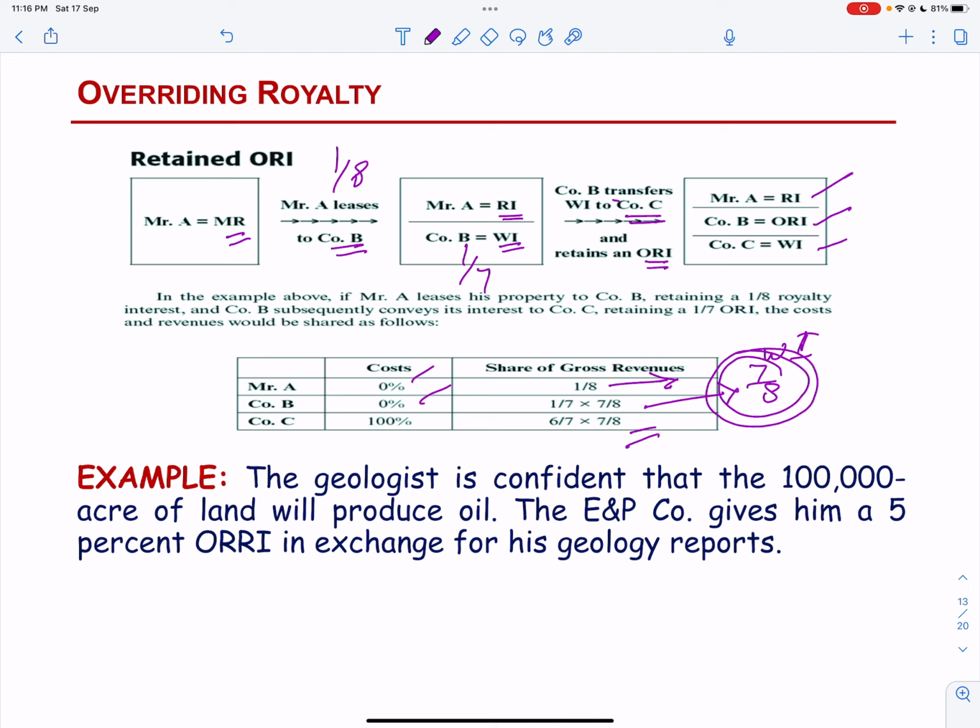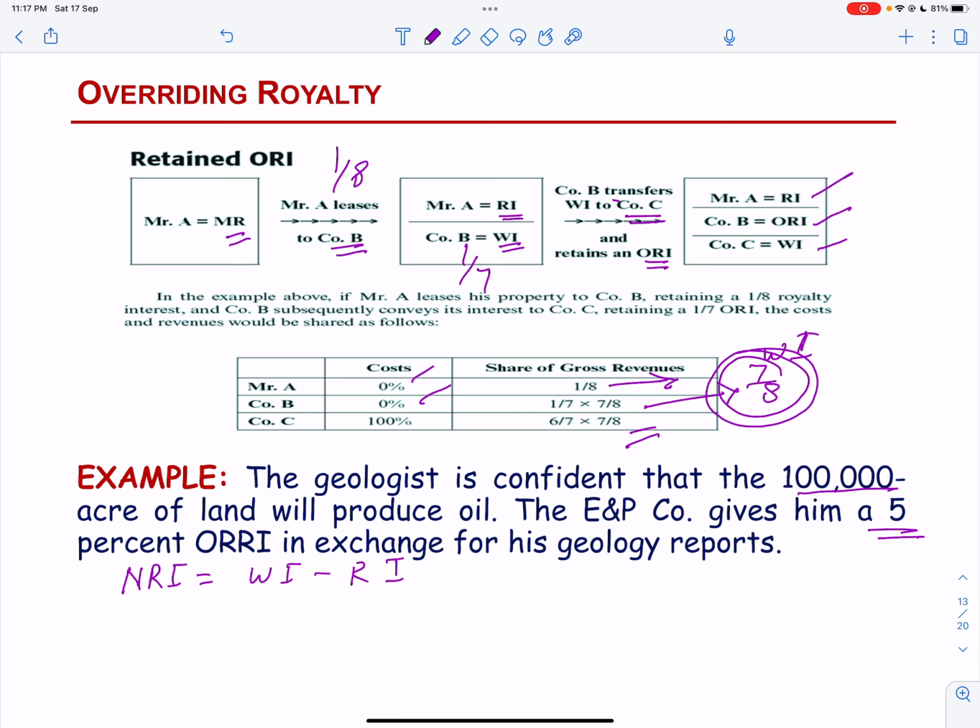For example, a geologist is confident that their 100,000 acres of land will produce oil. The exploration and production company gives him a 5% overriding interest in exchange for his geological report. So the net revenue interest is working interest minus royalty interest.